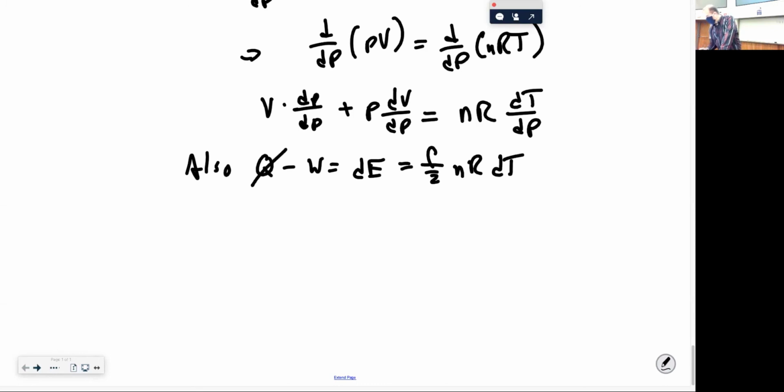We also know that this is just the negative of the work, because Q is 0 for an adiabatic process. We also know that the work is P dV, so the negative of the work is negative P dV.